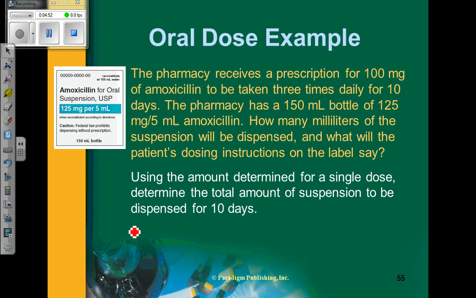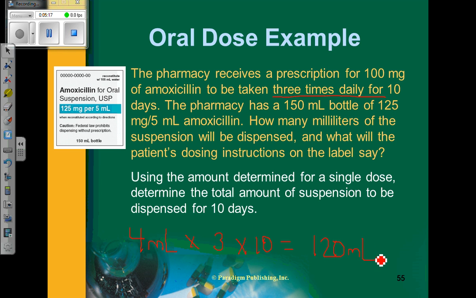If they're taking 4 milliliters, which we figured out on the last slide, and they're taking it 3 times a day for 10 days, you're just going to multiply it by 10 to get that metric quantity. So 4 times 3 is 12. 12 times 10 is 120. So they're going to need 120 milliliters total.